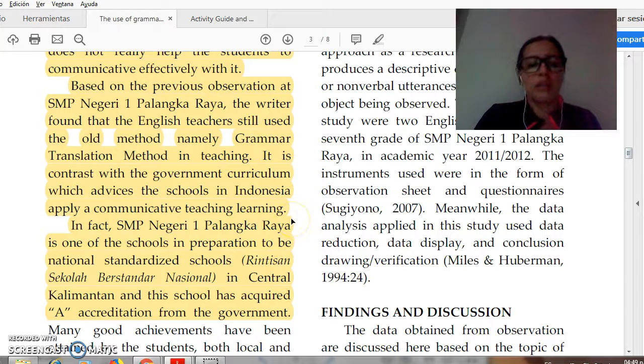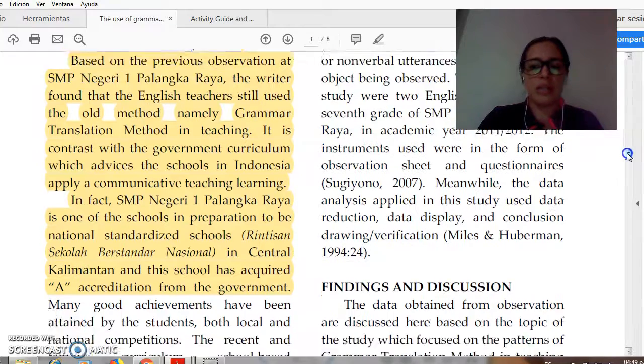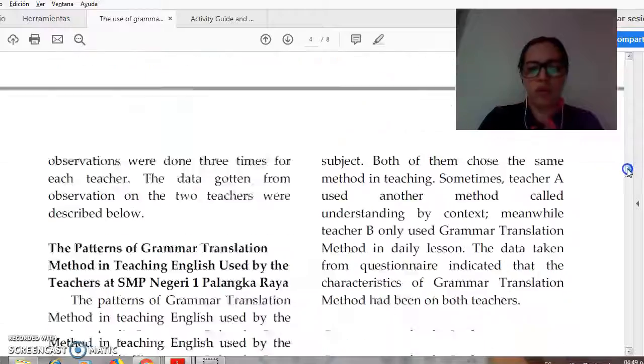However, the school is one of the national standardized schools in Central Kalimantan, and this school has acquired A accreditation from the government, which means that what they are doing and the methodology that they are implying is not at all wrong.